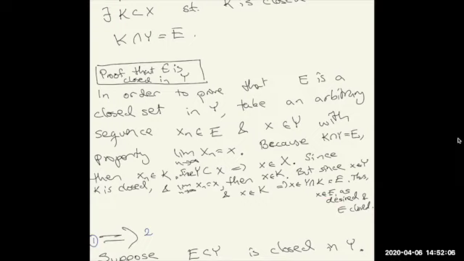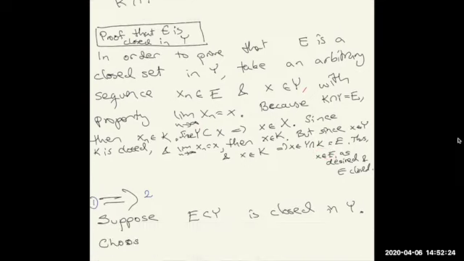Now, this ending statement, E is closed, is because we proved this for everything that satisfied the assumption. So we concluded from everything that X was also in E. Therefore, this proof applies to all and proves this implication.